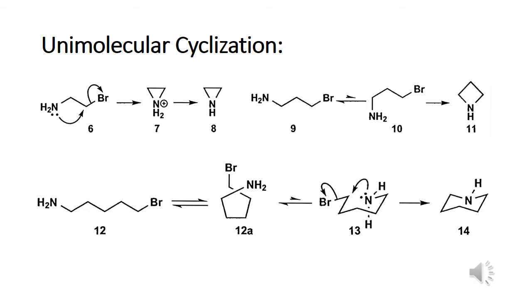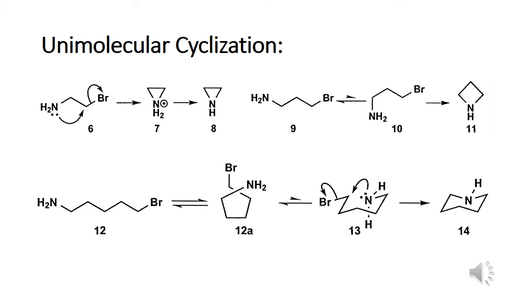At the terminal end, you can see the nitrogen with its lone pair of electrons acts as the nucleophilic nitrogen, and it is closer in this structure of 1-bromo-2-aminoethane to the electrophilic carbon, that is carbon number 2. Hence the cyclization is favorable in the formation of the three-membered heterocyclic compound.